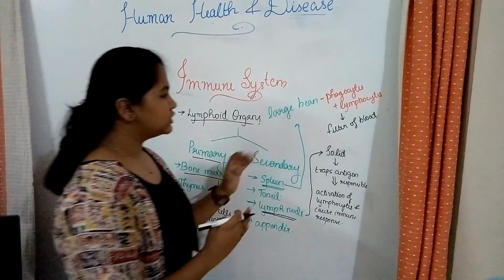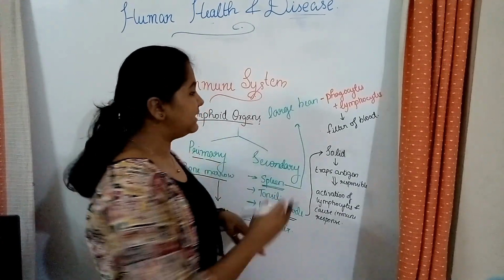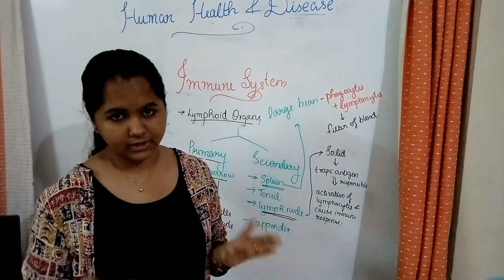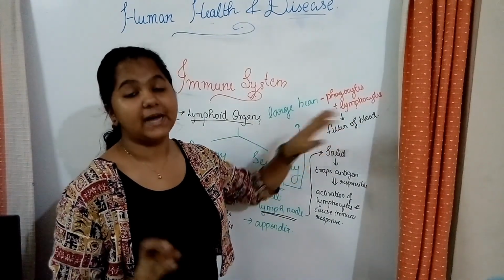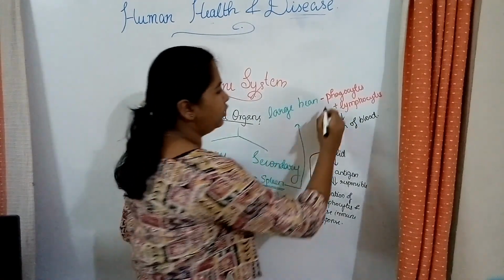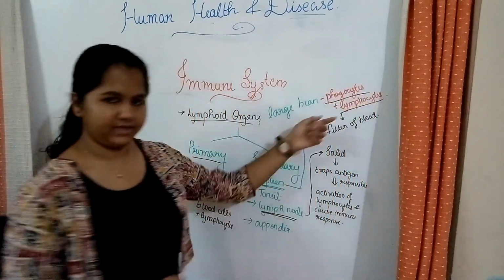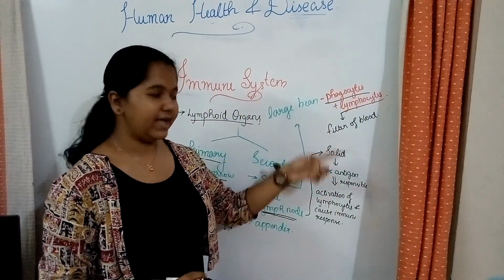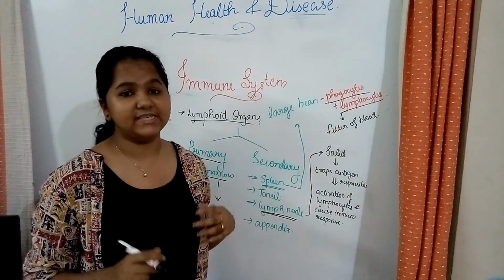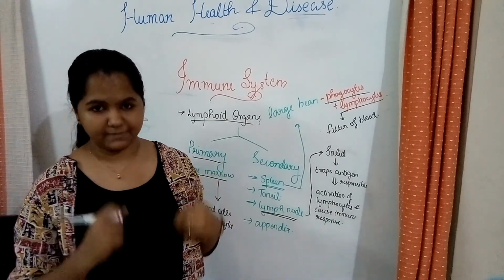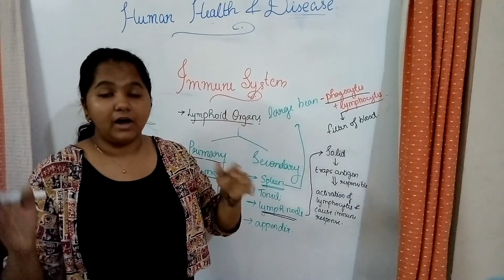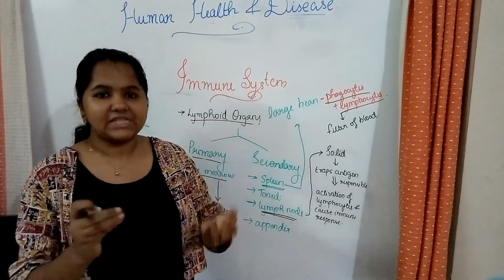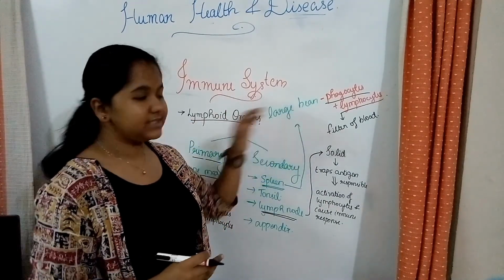The spleen is a large bean-shaped organ where phagocytes and lymphocytes are present in abundance. I have written the points over here, please jot them down. The phagocytes and lymphocytes filter the blood and carry away the antigens in the blood. That is to talk about the spleen.